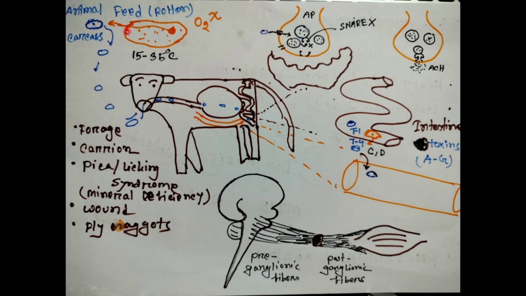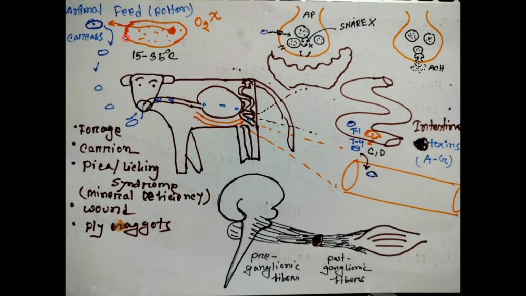But if the toxin contaminates that, then it will go directly to the intestine of the animals by the oral route. That can be one source. Another is any decaying carcass, or fly maggots.